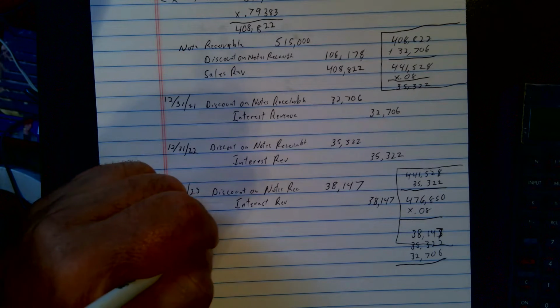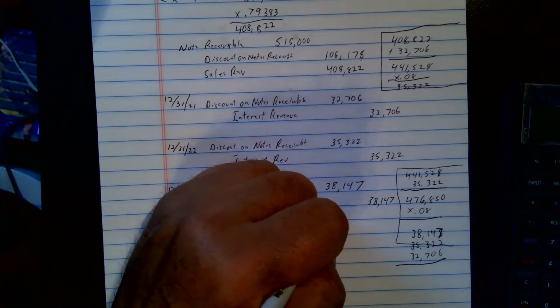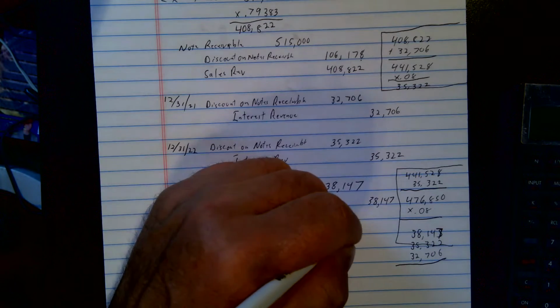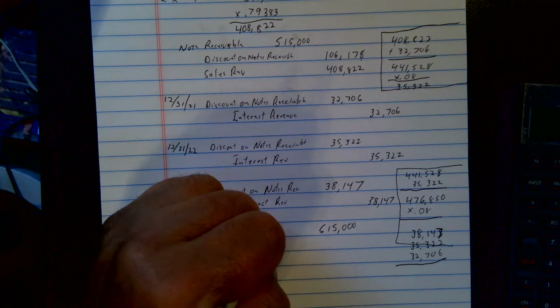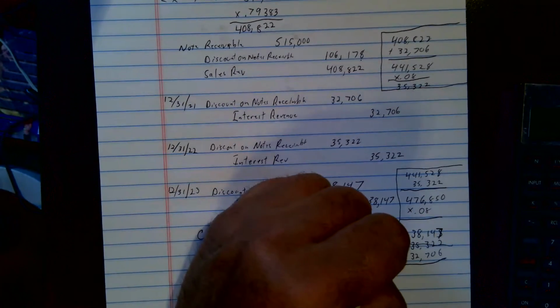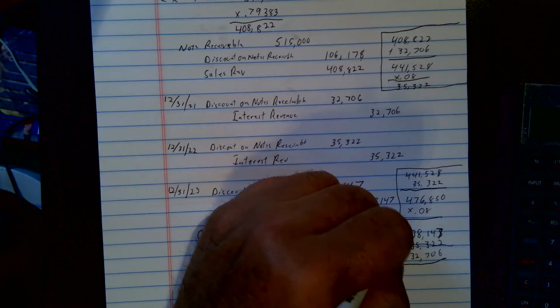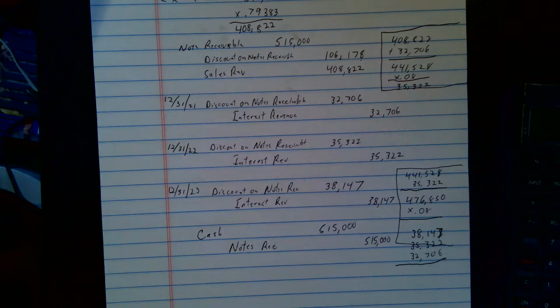So I'm going to receive cash, $515,000, and I'm going to write off the notes receivable, $515,000. All right, so that's a long-term note receivable with compound interest.